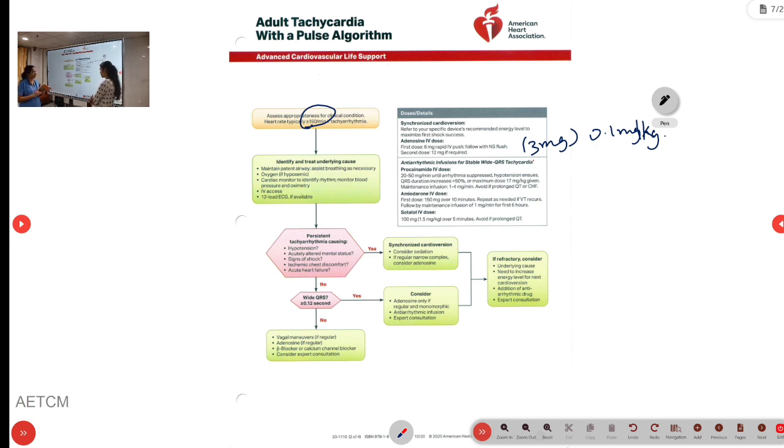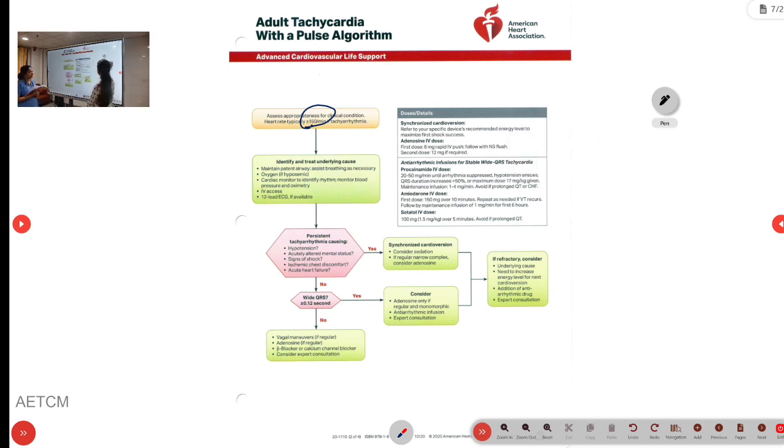If it is resistant, we will again give 12 milligram, and if still resistant, we will go for synchronized DC cardioversion. According to our algorithm, we will give 6 milligram and 12 milligram only. According to UK guidelines, they suggest giving one more 12 milligram. Okay, so that is the maximum dose we will give.